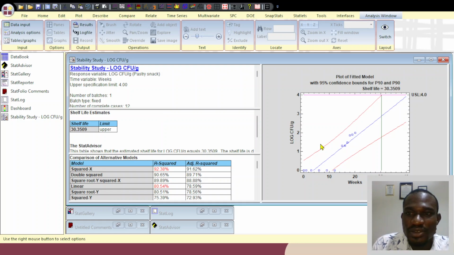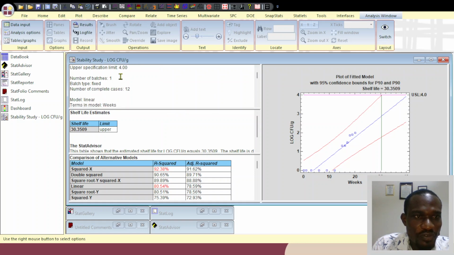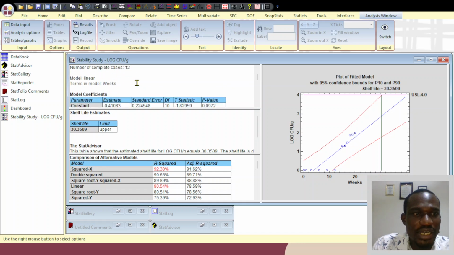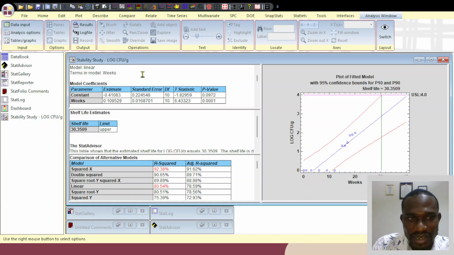So our analysis is complete, and then here we are. Our response is given here, the time, the number of batches is one, the batch type is fixed, the number of complete cases or analysis we've done is 12 times. The model is linear. As I mentioned, normally you can choose the linear if you are not sure, and make sure the comparison has been chosen because that is what will tell you the right model to use.